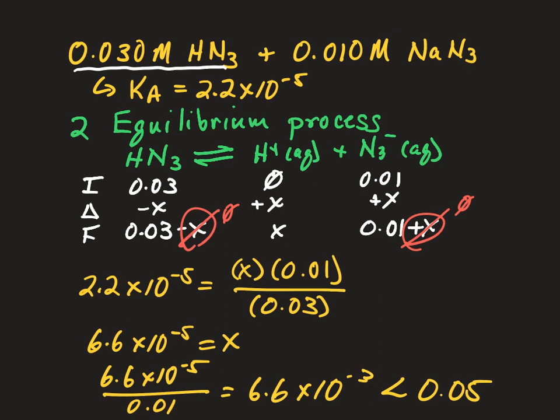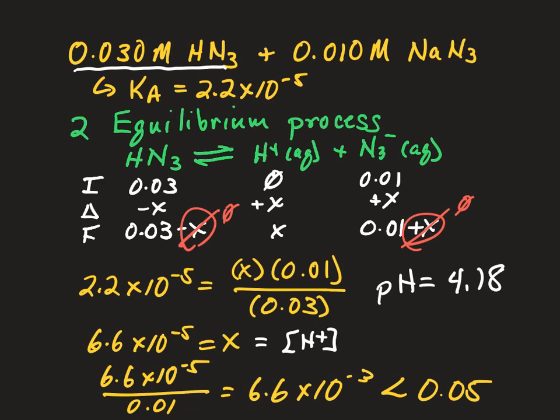We go back to how we defined that. That is equal to the equilibrium concentration of hydrogen ions. And so now we can find that the pH is equal to 4.18.